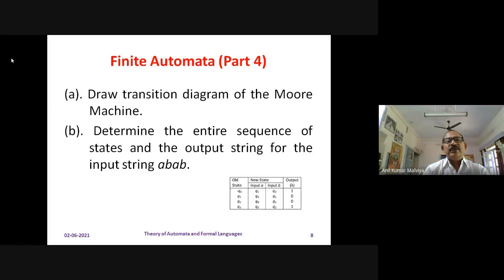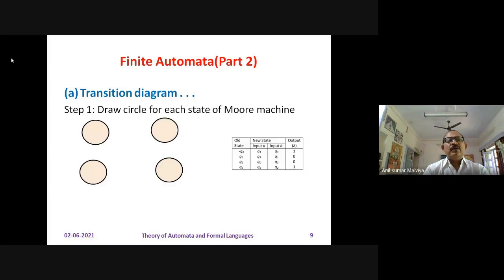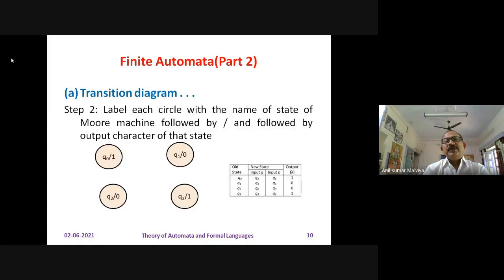The first step, we have to draw four circles. Now, next step, label each circle with the name of the state, that is Q0, Q1, Q2, and Q3. And these names of the states are followed by a forward slash and then the output symbol associated with the state.